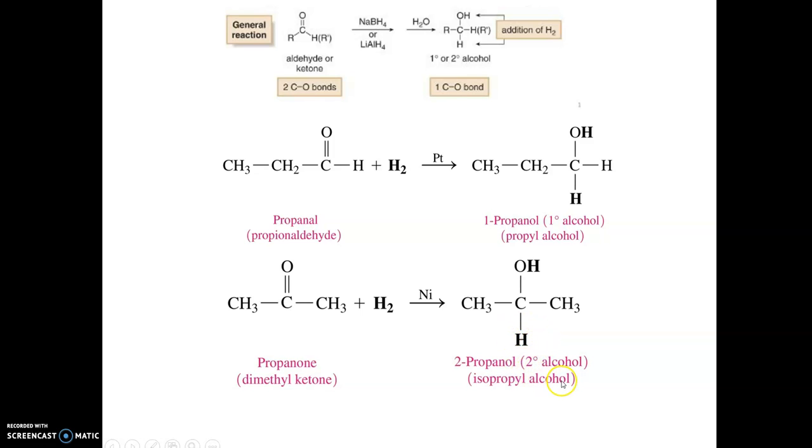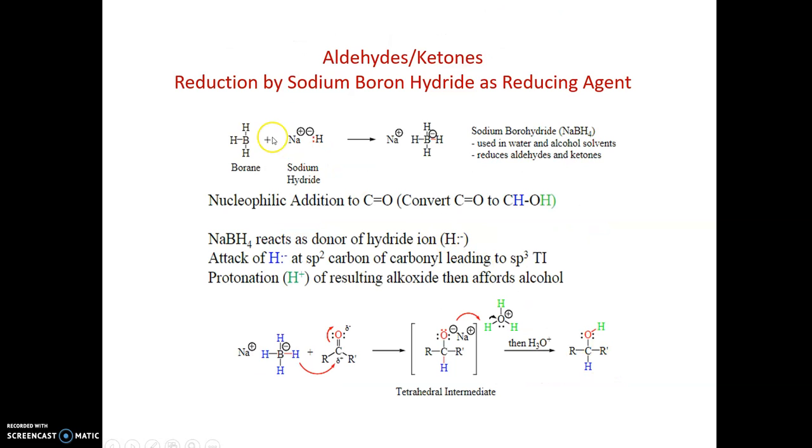Let us look at the reduction of aldehydes and ketones using sodium borohydride as a reducing agent. Sodium borohydride is obtained when boron is treated with sodium hydride. We get the corresponding sodium borohydride, and here the solvent can be water or alcohol.